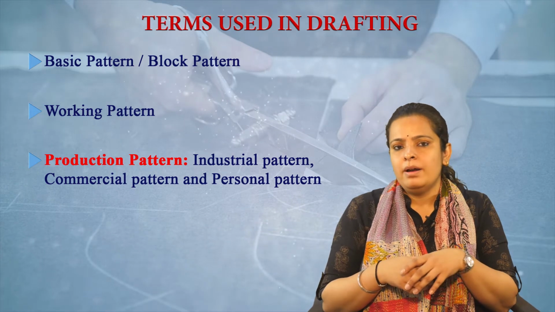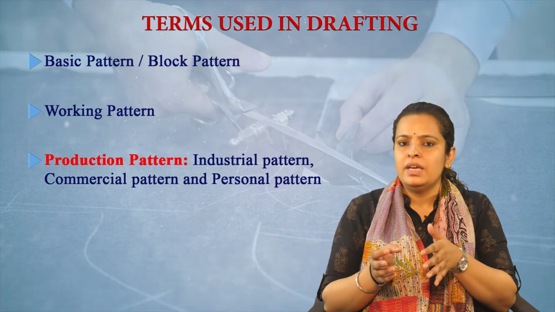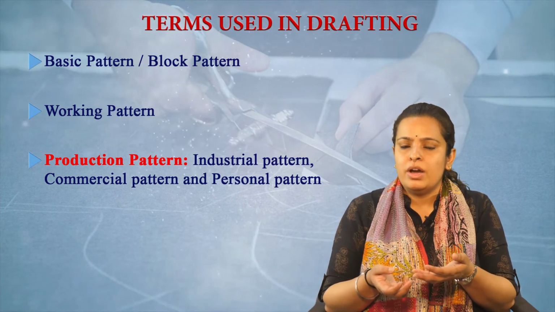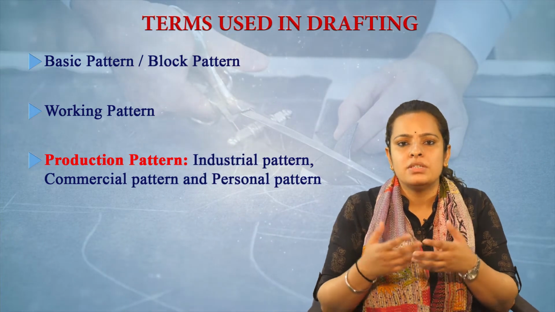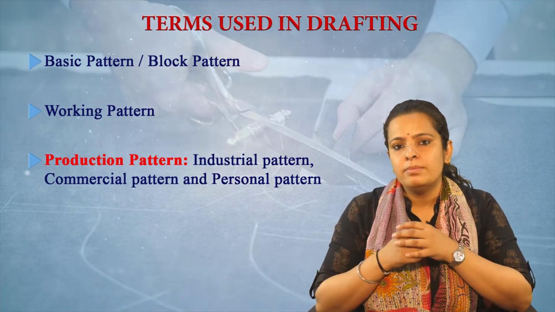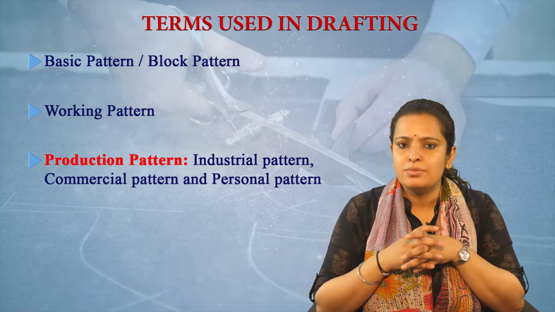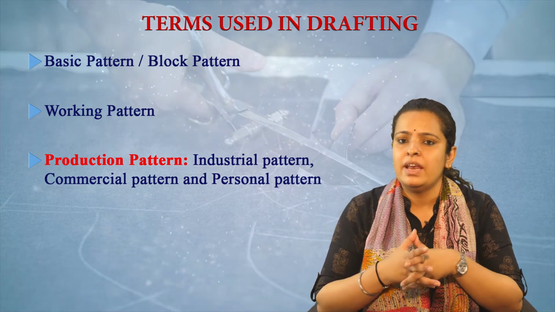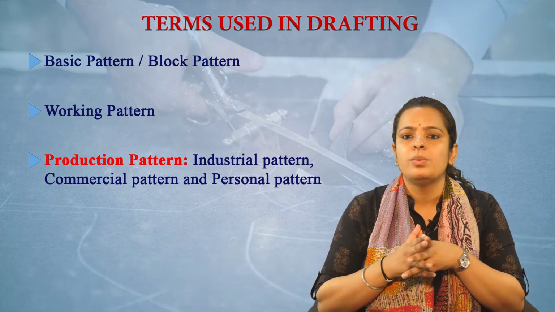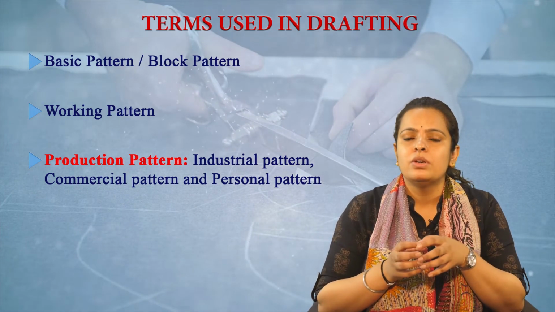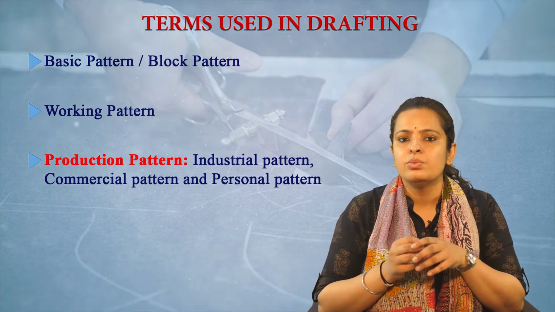Then comes the production pattern. The production pattern is the final pattern, we can say, which is given to the production department for developing the final product, which is our garment. There are three types of production pattern. First we have the industrial pattern. The industrial pattern is very technical and includes all the specifications, details, marking, and symbols, done very perfectly.